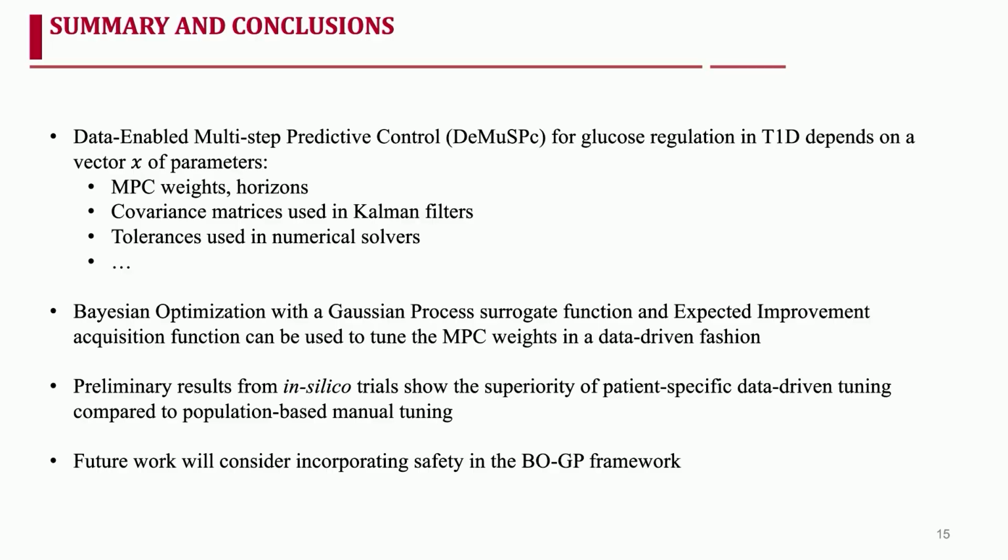We have done in silico clinical trials with a population of 10 patients using our simulator, and so far the results show the superiority of this patient-specific data-driven tuning compared to the population-wise one-size-fits-all controller. However, one aspect that we haven't considered yet, and it's very critical, especially in the case of diabetes, is the safety of the mechanism. We haven't encoded any safety in our Bayesian optimization, and we will consider it next. So this concludes my presentation, and I'm happy to take questions.